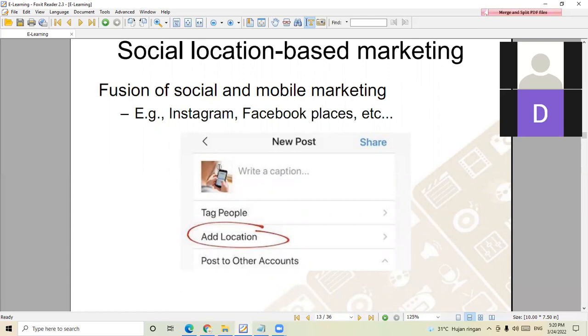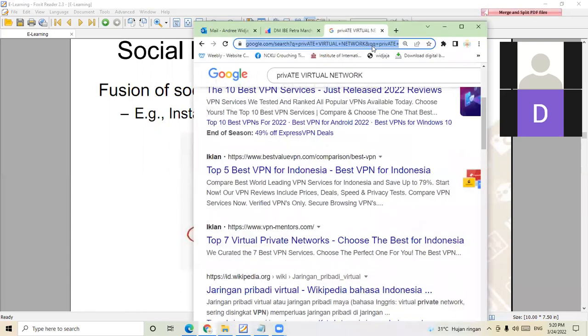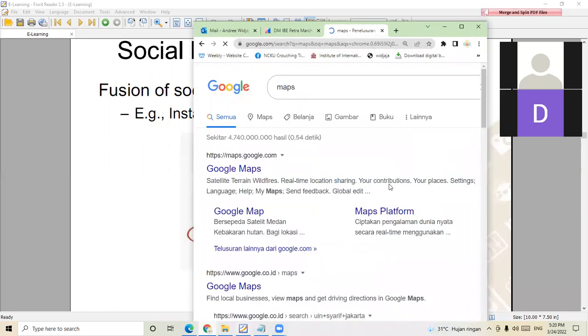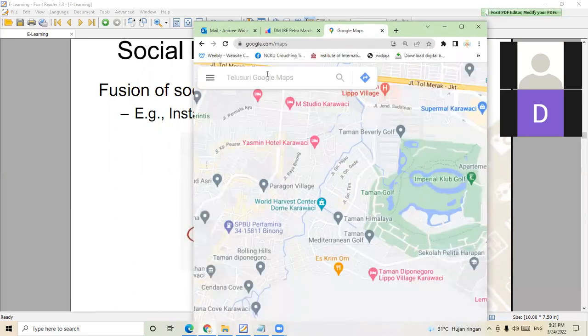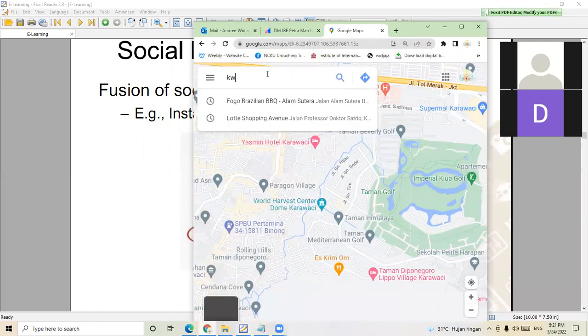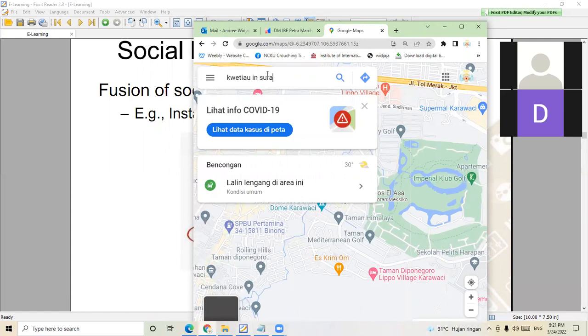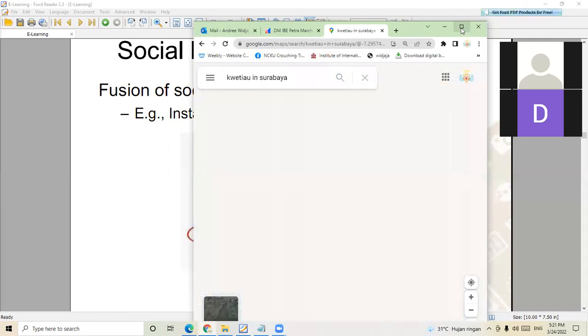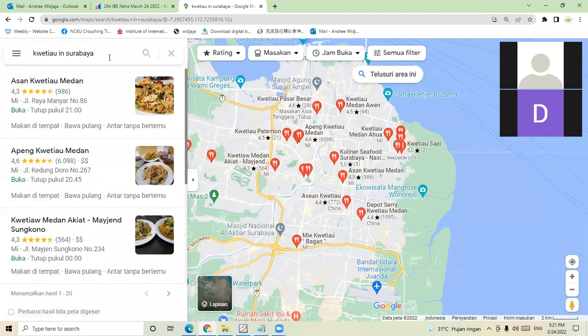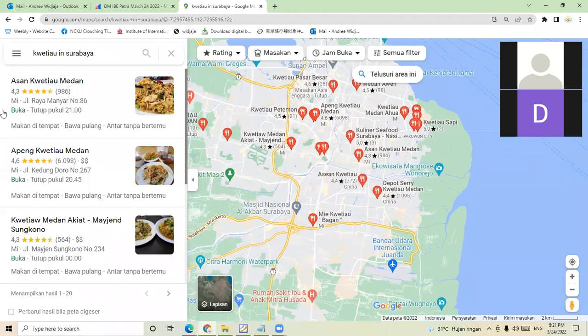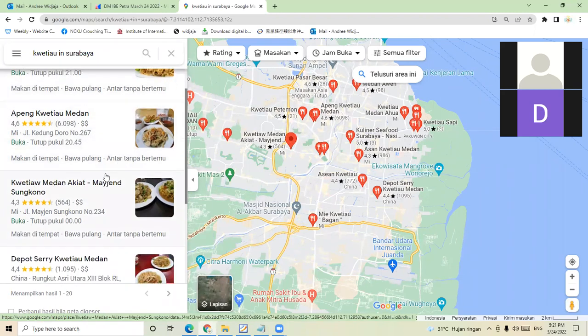For instance, if I want to eat kway teow in Surabaya, I can just search on Google Maps and find all those locations. The business owners for sure have to provide complete and accurate information, and the rest, let Google do its magic.